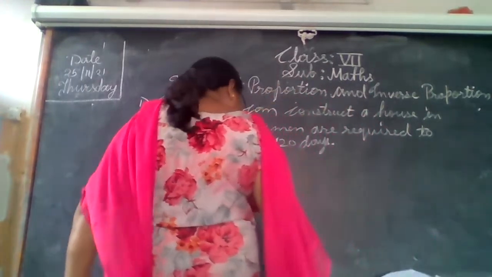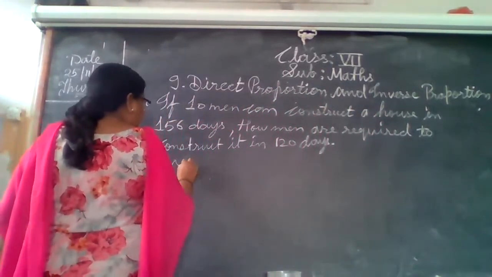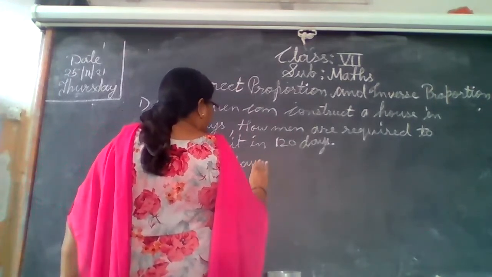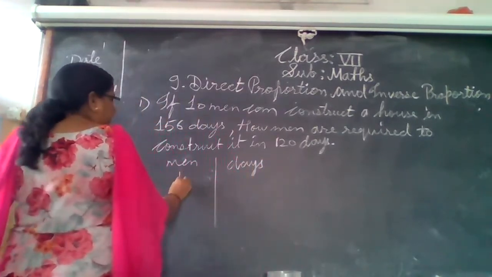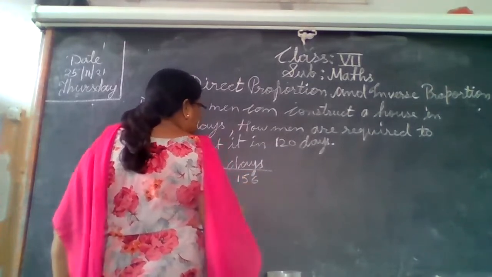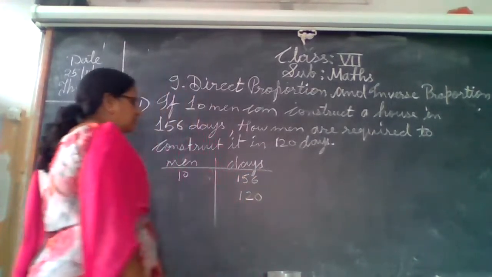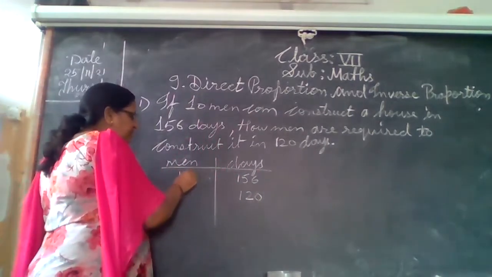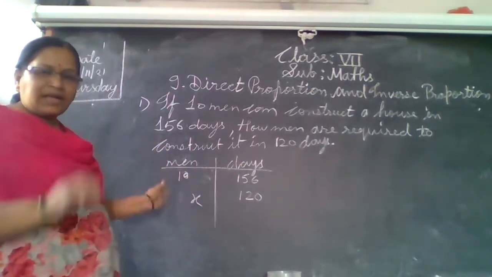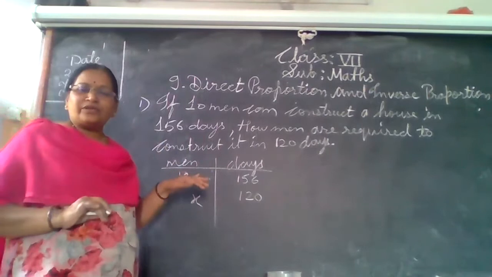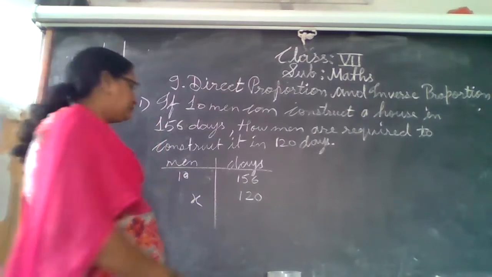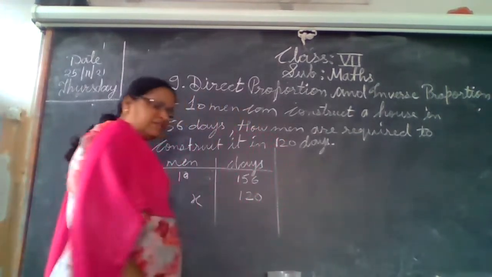Let's see men and days. 10 men construct it in 150 days, and we want to complete the task in 120 days. The number of men required is X. Time and work: days is a unit of time, so they are always in inverse proportion.